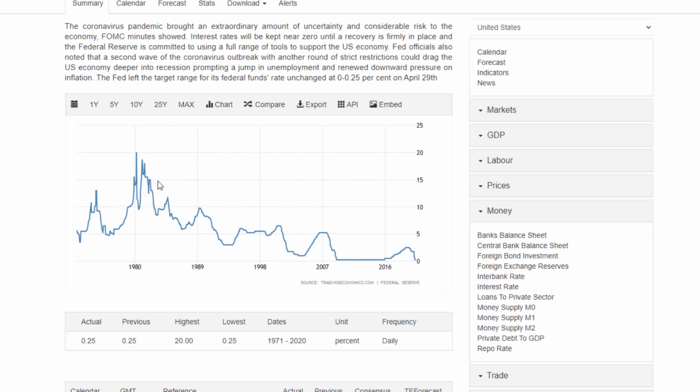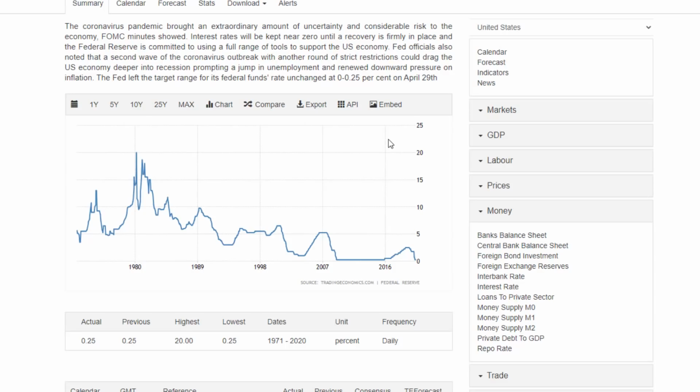Now, if we look at interest rates over time here, from the 1980s all the way to now, we can see pretty much what is happening, which is interest rates have steadily decreased. And even with the massive amount of economic growth that happened in the United States over the last decade, they were barely able to bring interest rates back up and have had to quickly cut them all the way back down again.